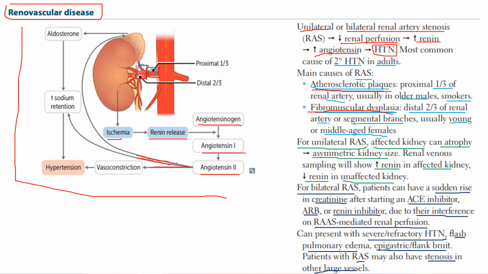First, it acts on the suprarenal gland, which produces aldosterone, which increases sodium retention, ultimately causing hypertension. Thirdly, it acts as a vasoconstrictor, which increases hypertension.